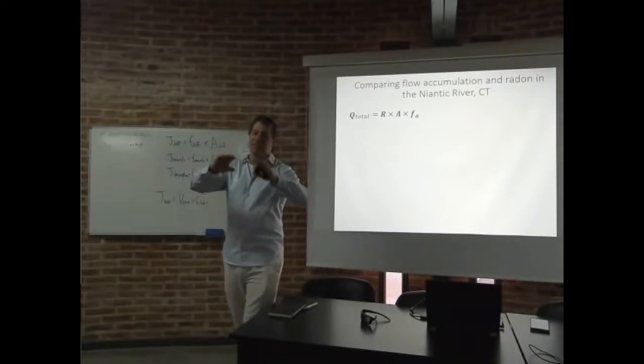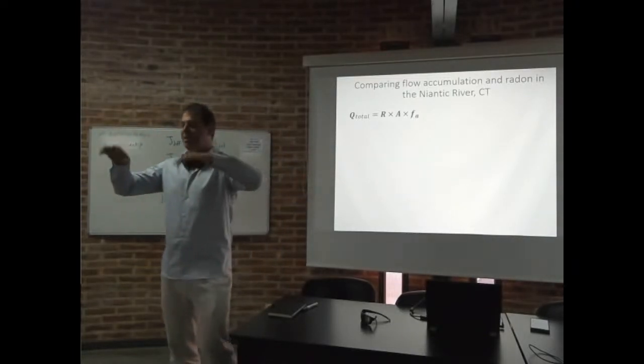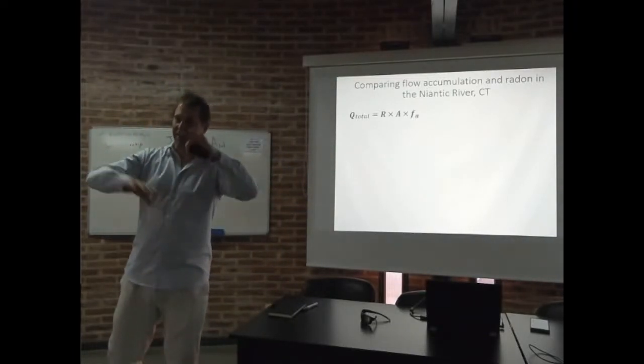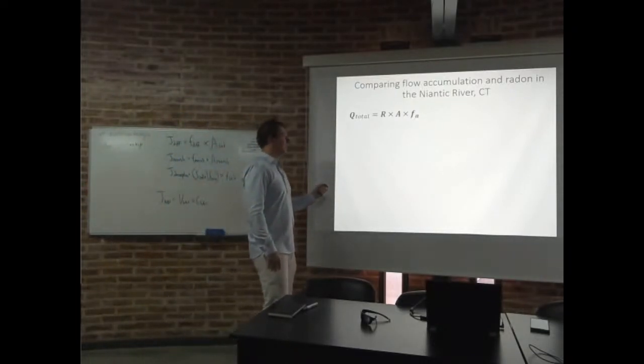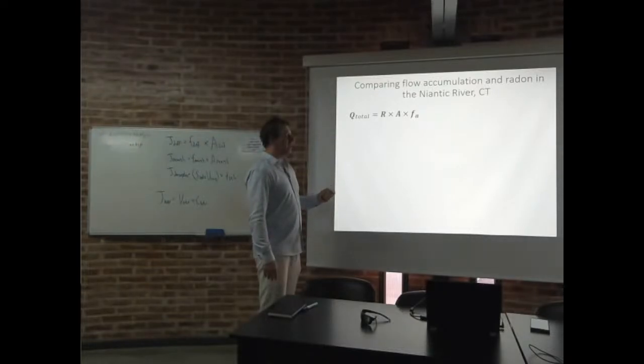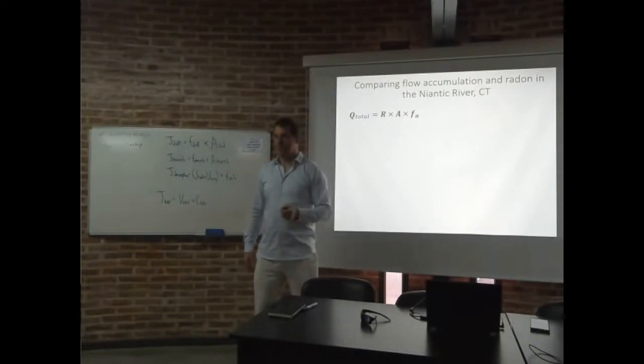You assume that for an area like this that the precipitation is similar and the evapotranspiration is similar per pixel. You get your recharge per pixel. Then you multiply it by the amount of pixels that you have.